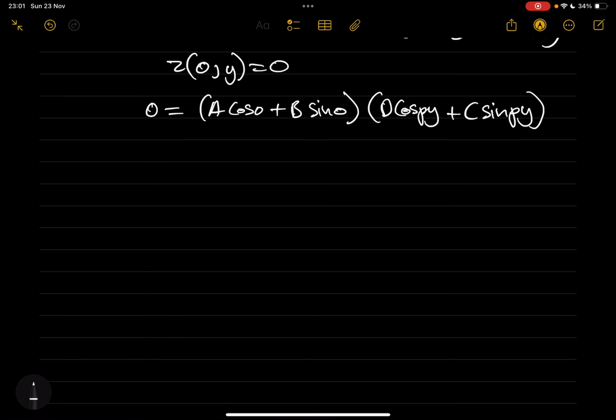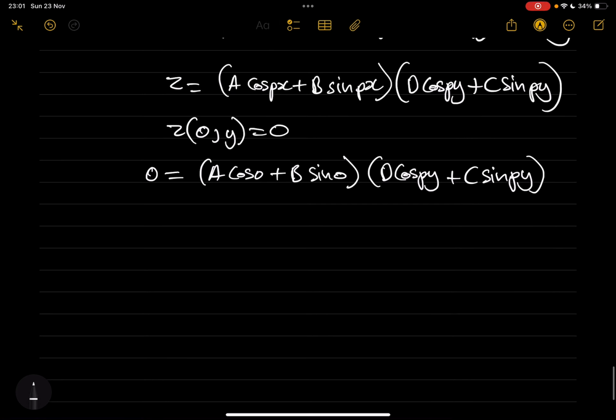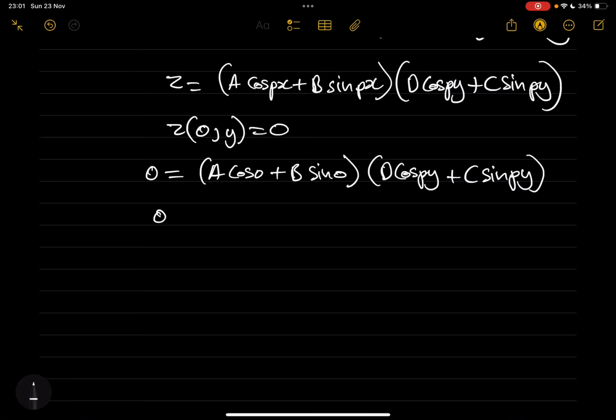If you evaluate this, cos 0 is 1 and sine 0 is 0, so we are left with a times (d cos py plus c sine py).